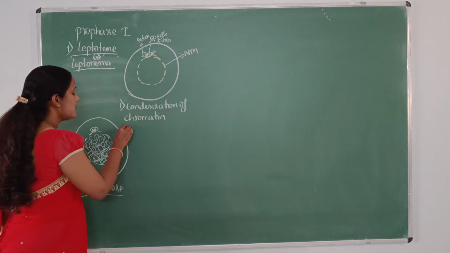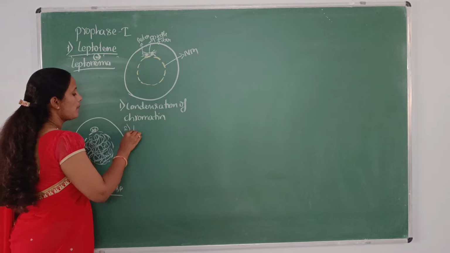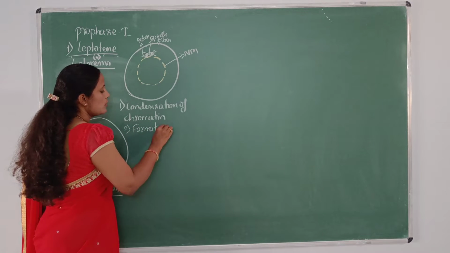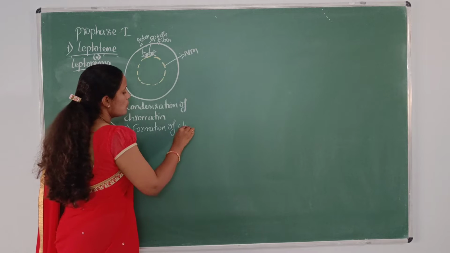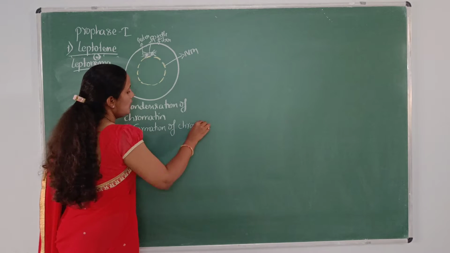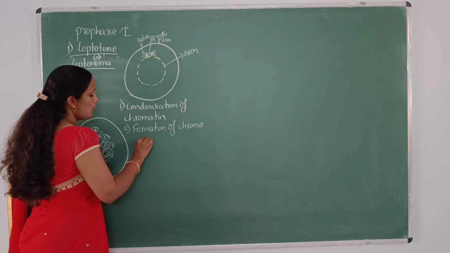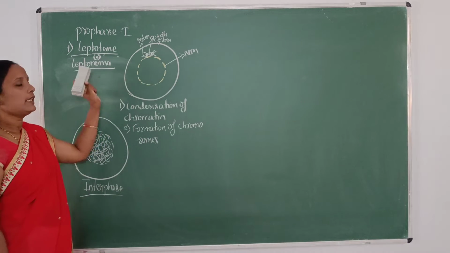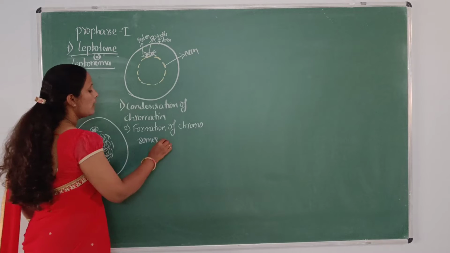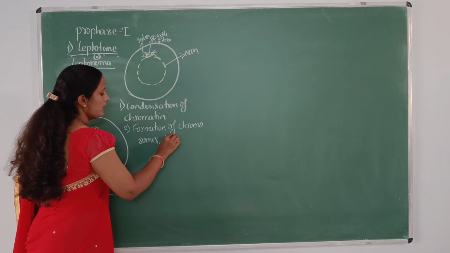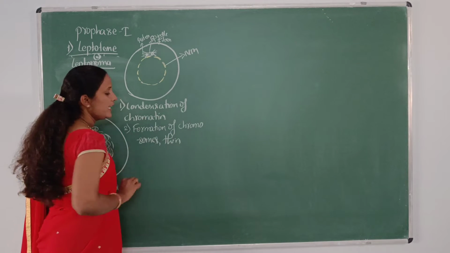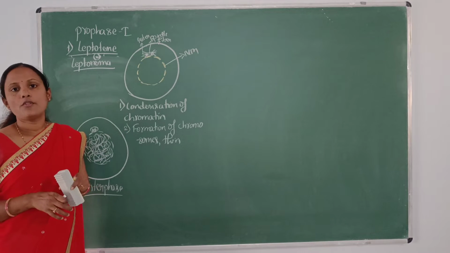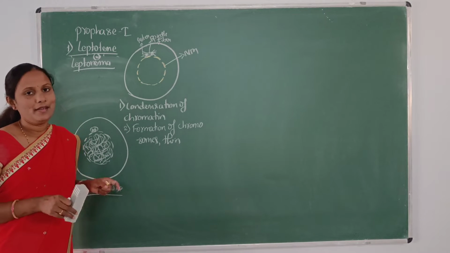As a result, there is a formation of chromosomes, and the chromosomes formed in leptotene are very thin, because the complete condensation of chromosomes has not happened here.